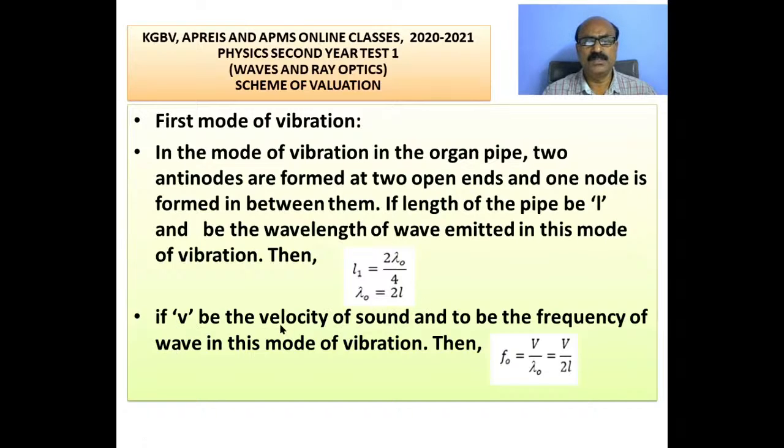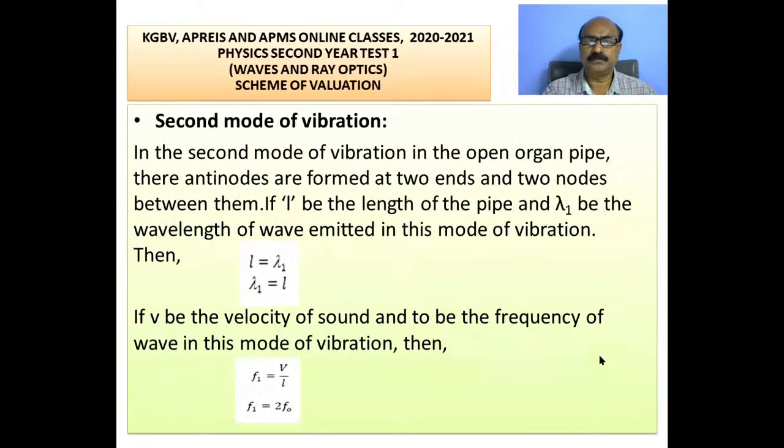If V be the velocity of sound and nu naught the frequency of the wave in this mode of vibration, then fundamental frequency is equal to velocity by wavelength, that is equal to V by 2L. So fundamental frequency is V by 2L. This is the first mode of vibration and this is also called the first harmonic.